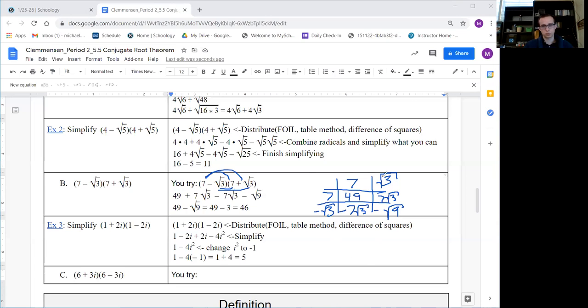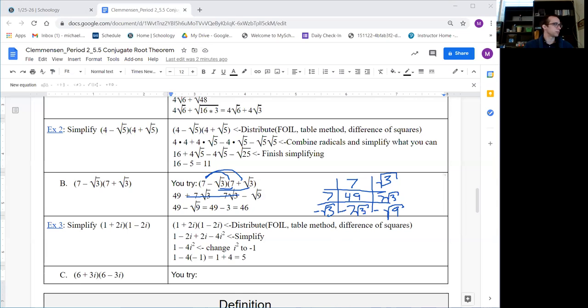Right? That's what I call my table method. To do that, put them all written out. 49 plus 7 root 3 minus 7 root 3 minus the square root of 9, and then cancel these 2 out. Simplify a little bit more. Get the right answer.